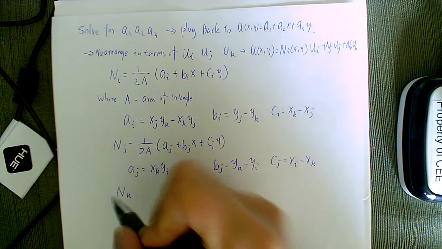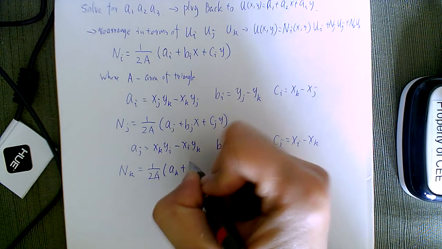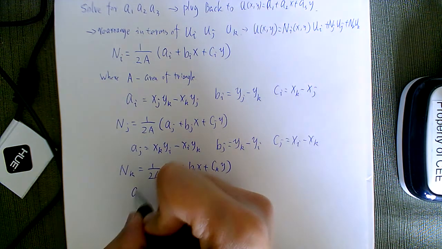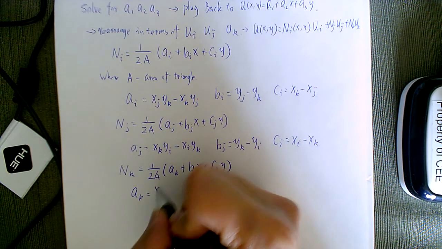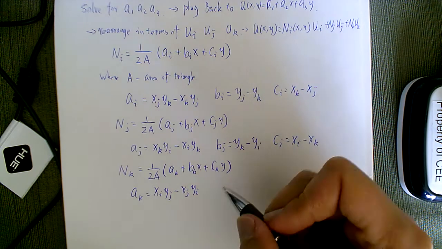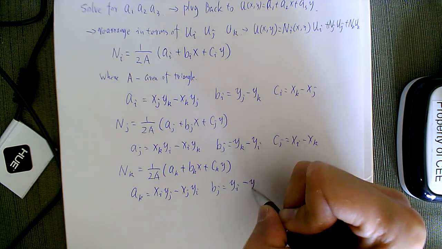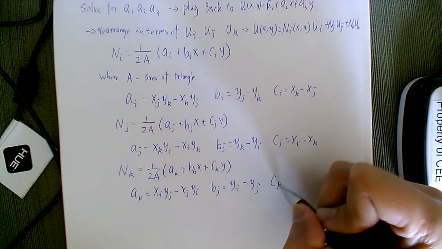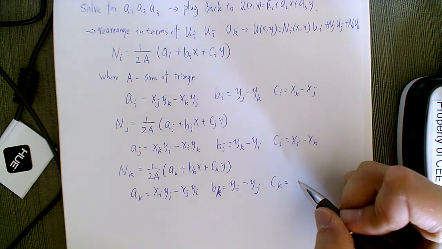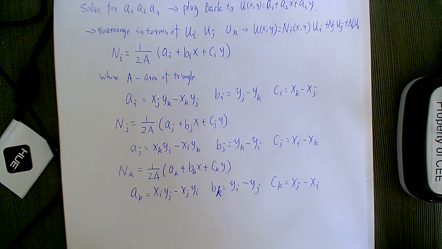And then you know what's coming. Nk equals 1 over 2A times (ak plus bk x plus ck y). Then ak equals xi yj minus xj yi. bk is yi minus yj. ck is, yeah, this is extremely easy to make mistakes, xj minus xi.